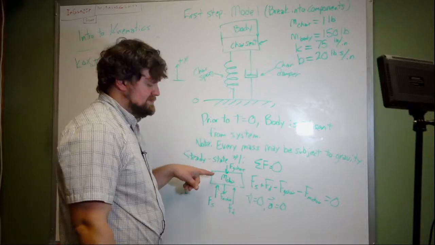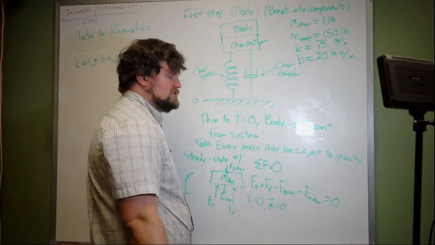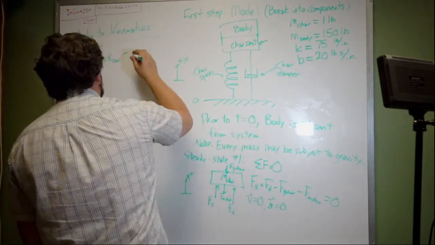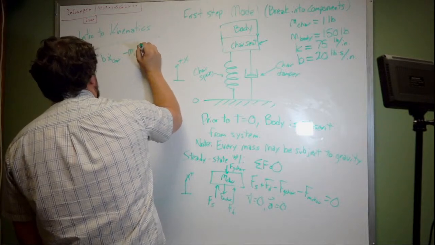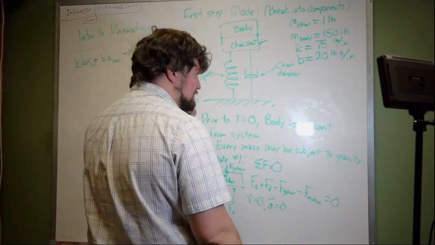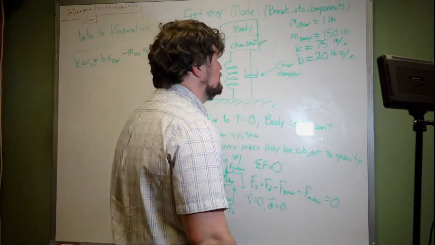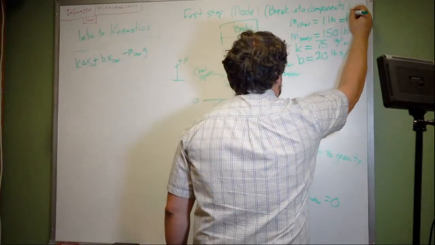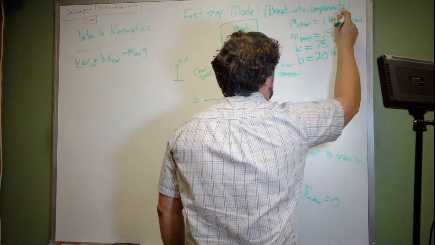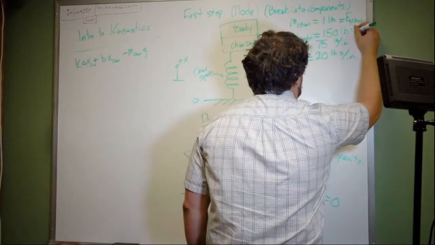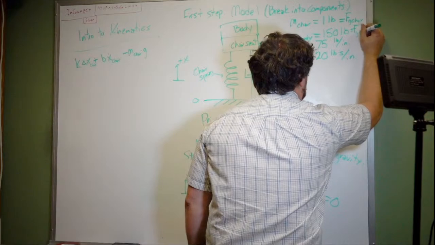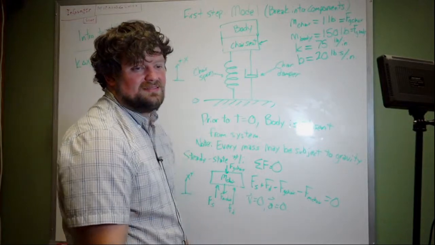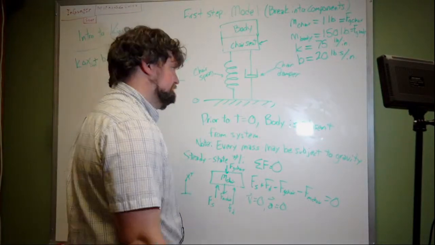That's why this part of our model very much pertains to what we're dealing with. Minus FG chair is M chair multiplied by a gravitational constant. Here, M chair is 1 pound. That ends up actually equaling FG chair, because that's a force already. This is equal to FG body. So, kind of misleading to call it a mass, because it's actually a force. Good job, me.